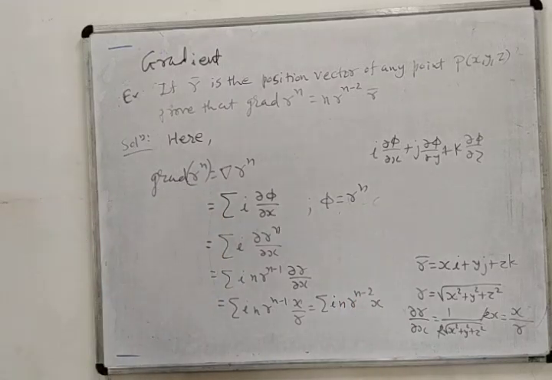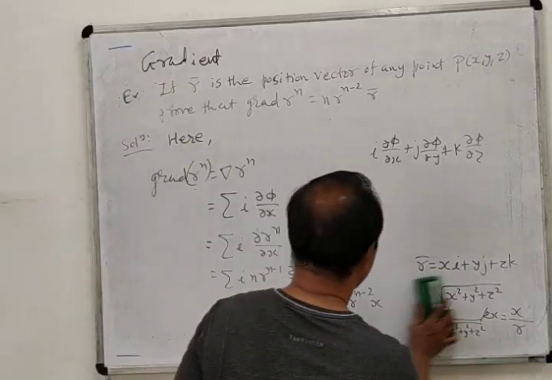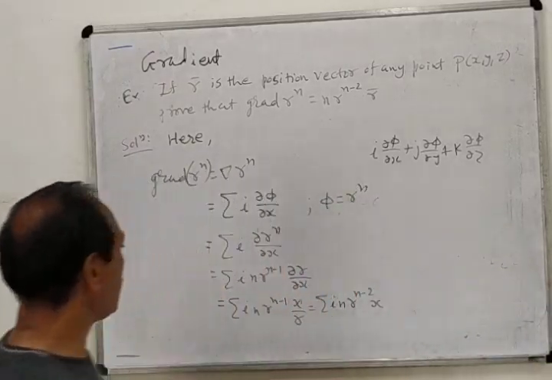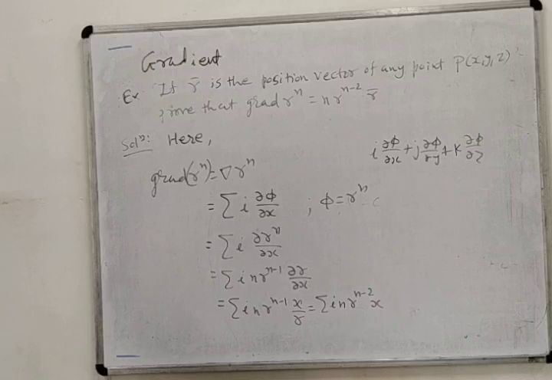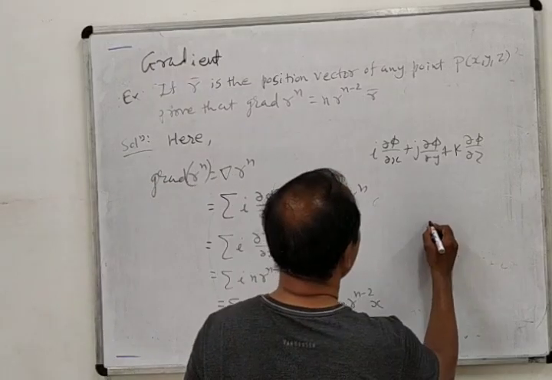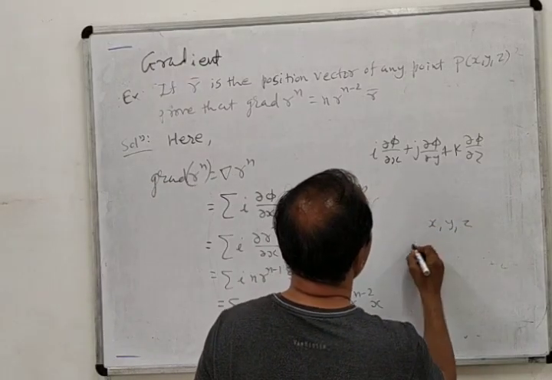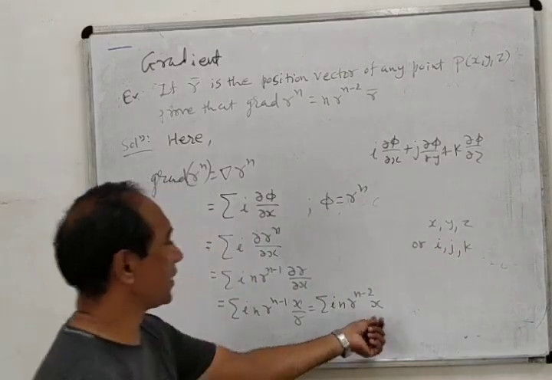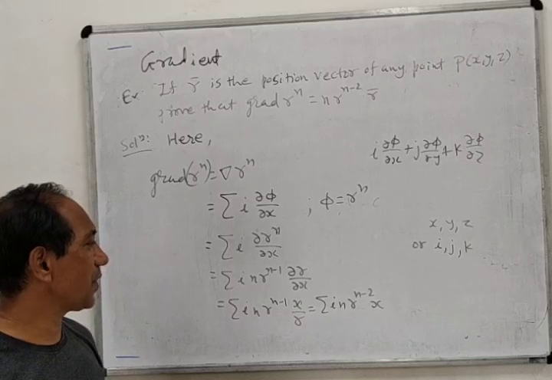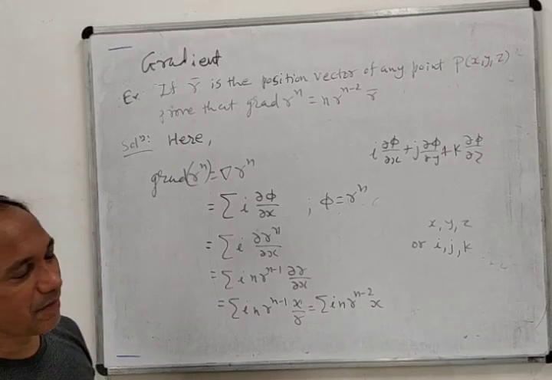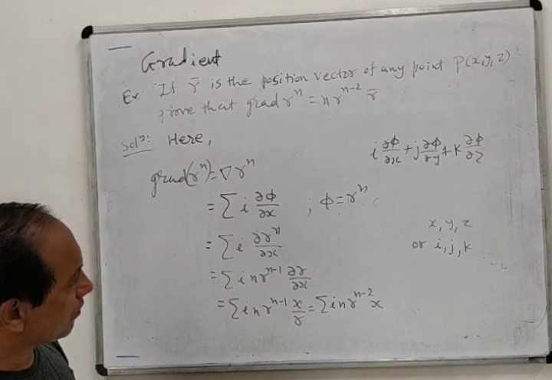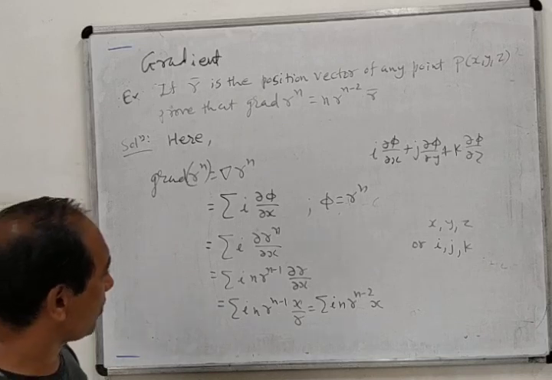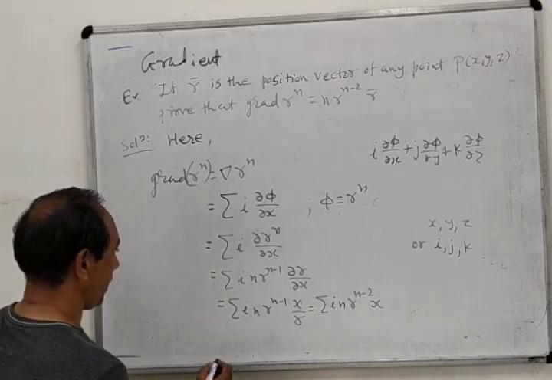And also in the previous lectures, whenever I explained to you about sigma notation, I already told you that sigma runs over x, y, z or i, j, k. That means first term will remain as it is. In second term we will have to replace i by j and x by y. And in third term we will have to replace i by k and x by z.